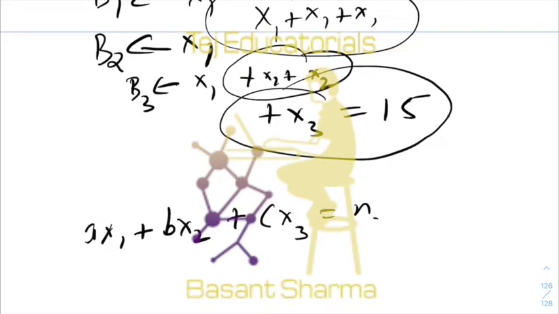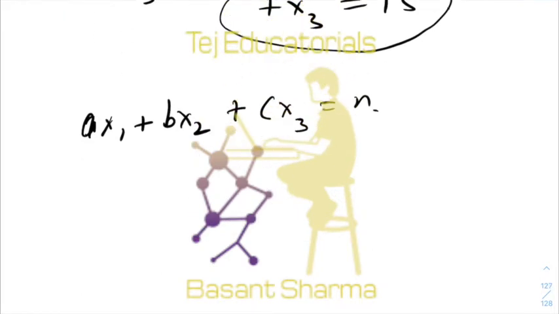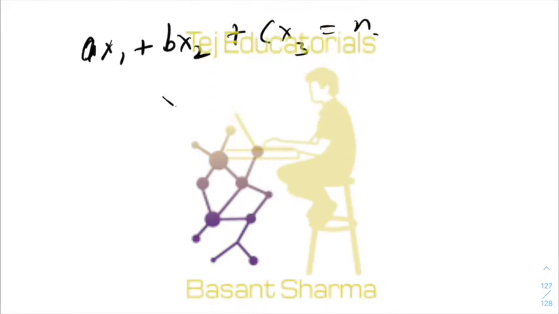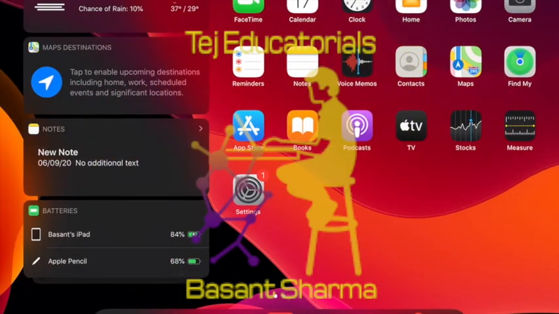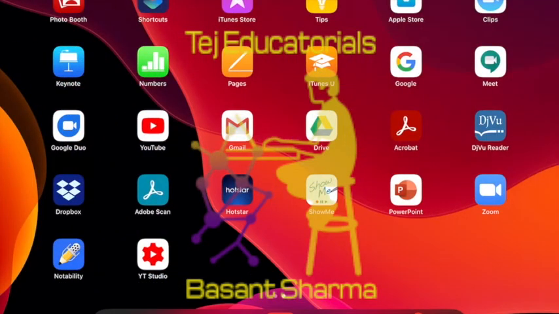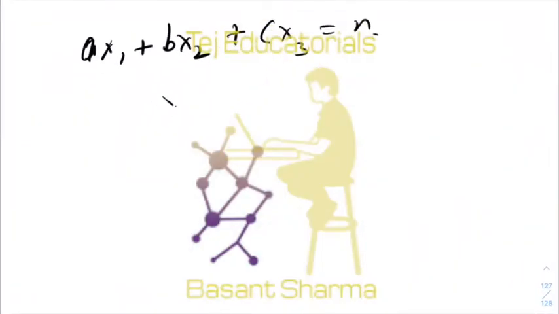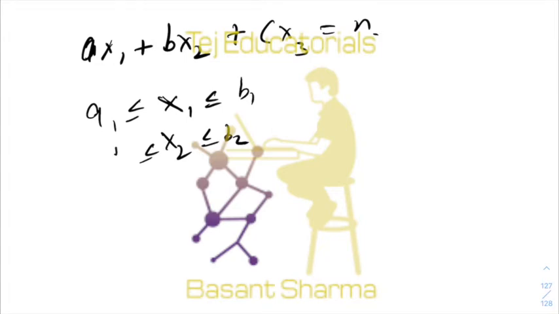Okay, in general, suppose you have this equation, and suppose x1 varies from a1 to b1, x2 varies between a2 to b2, and x3 varies from a3 to b3.